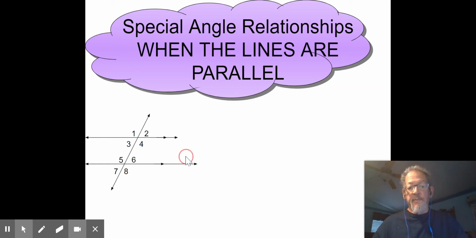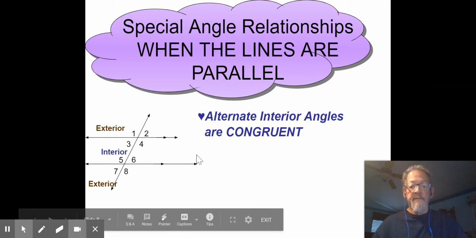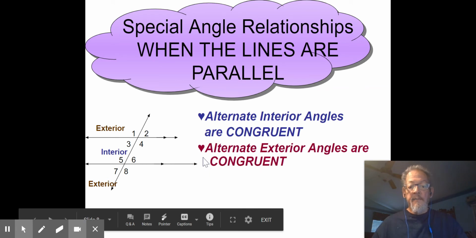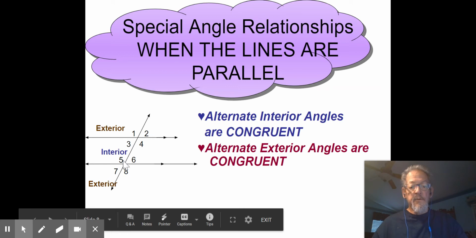And when the lines are parallel, alternate interior angles are congruent. So 3 and 6, 4 and 5 will be congruent. Same thing with alternate exterior angles. 1 and 8, 2 and 7 are congruent.